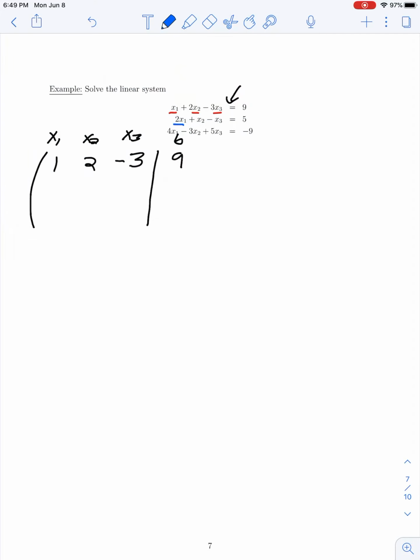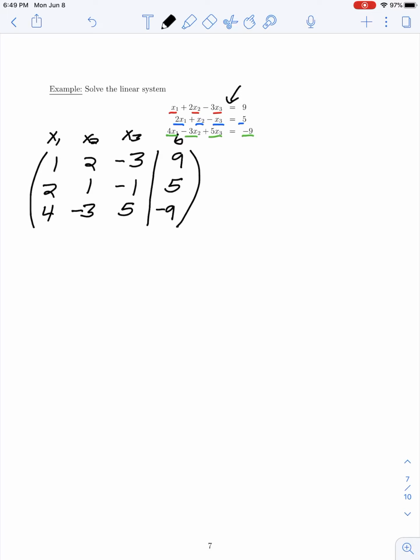For our second equation, 2x1 plus x2 minus x3 is equal to 5, so those coefficients go in the second row: 2, 1, negative 1, and 5. And in our last equation, we had 4x1 minus 3x2 plus 5x3 is equal to negative 9. So writing in those coefficients for our third row, we have 4, negative 3, 5, and negative 9.